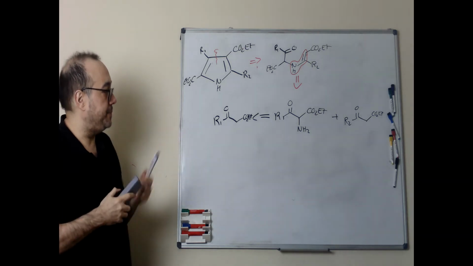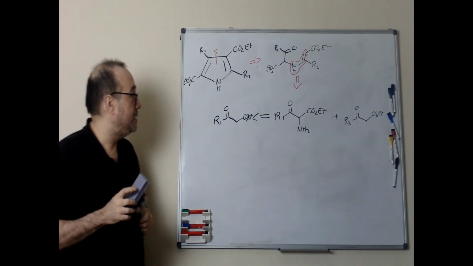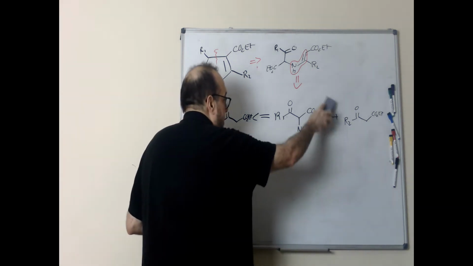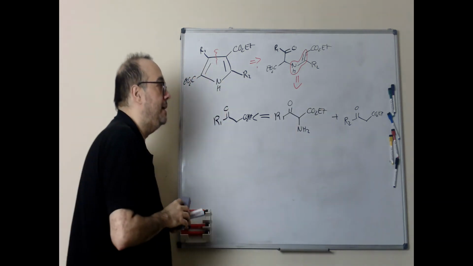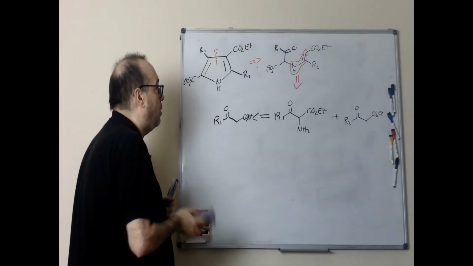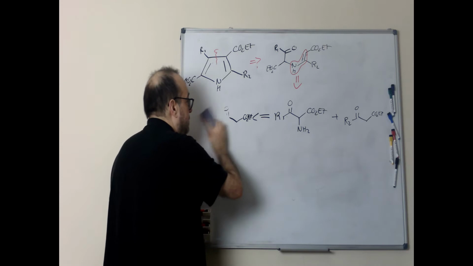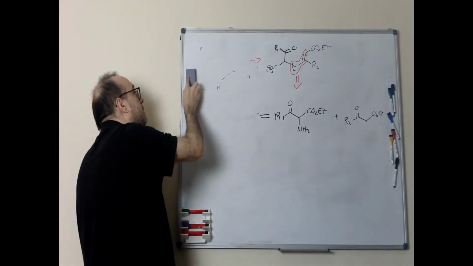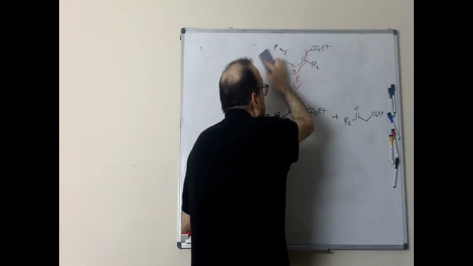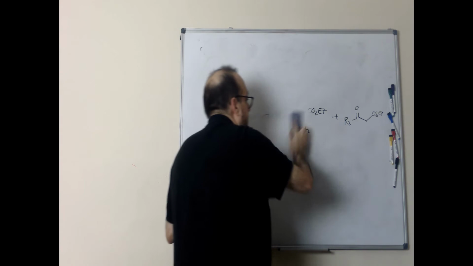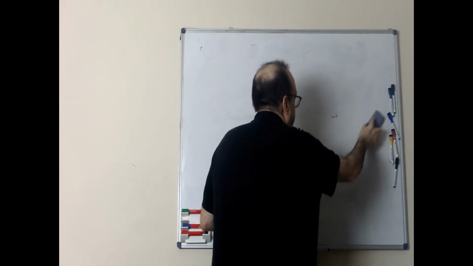How can we do it? Well, first of all, I will explain how to synthesize this compound, okay, and then we will synthesize all the pyrroles. To synthesize the amino ketoester, we start with the ketoester, okay?